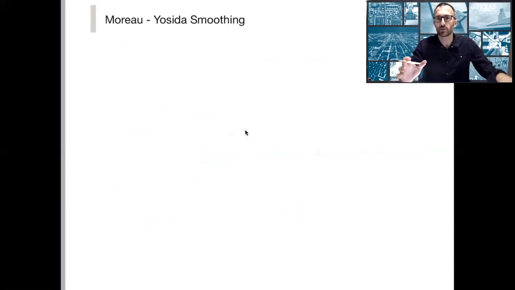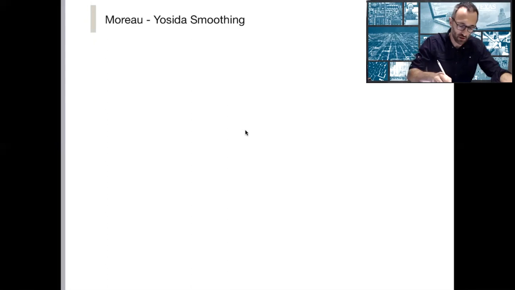The first thing I want to introduce is a concept called Moreau-Yosida smoothing. When we first introduced the Fenchel transform, we talked about this duality between addition in the dual and infimal convolution in the primal. And this very much relates to Moreau-Yosida smoothing. So first, let's define it.